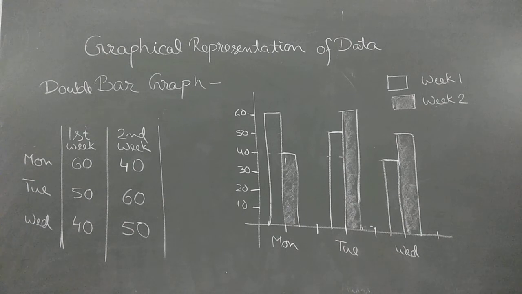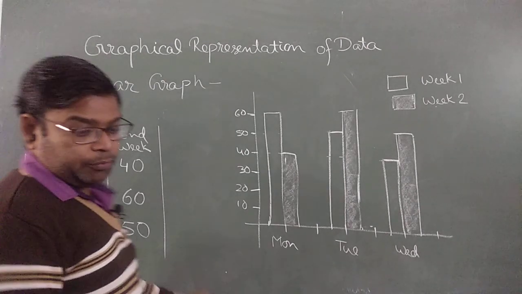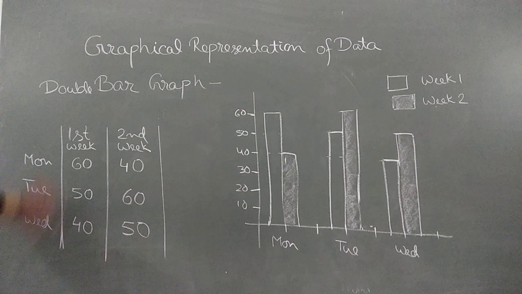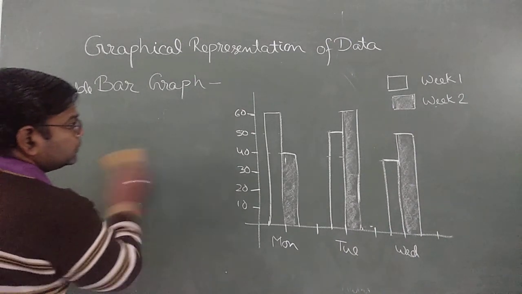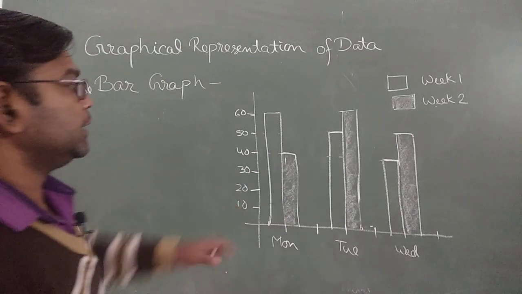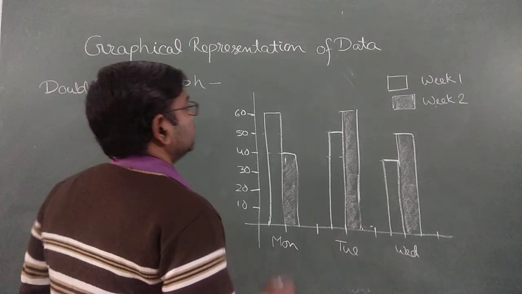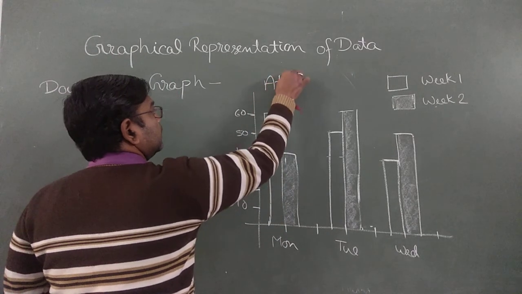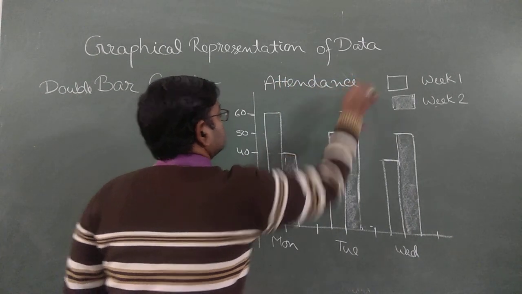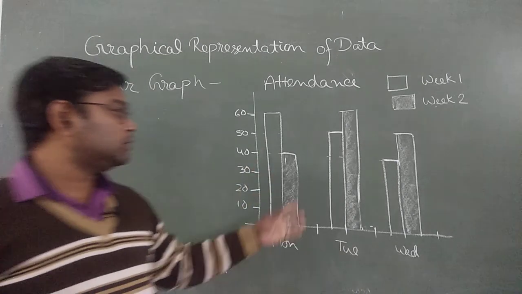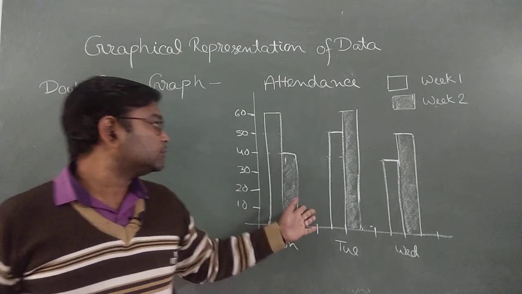In your book, in exercise 24, questions 1 to 5 are about the representation of data and how we read the data. Suppose this data is not given to us, clear? And this is the data given to us, about attendance. How do we read this data and collect information from this pictorial graph?